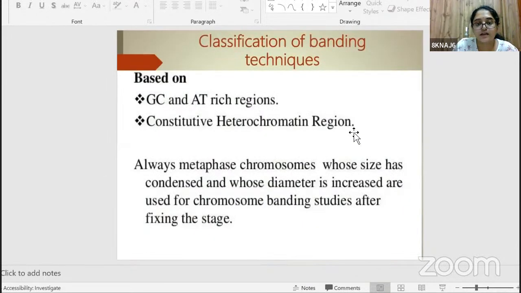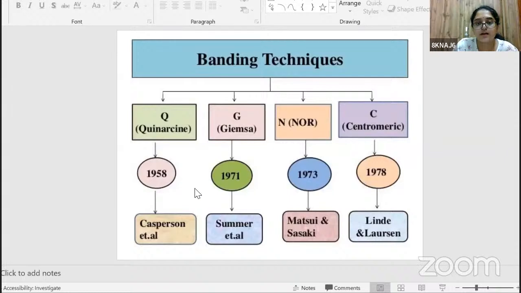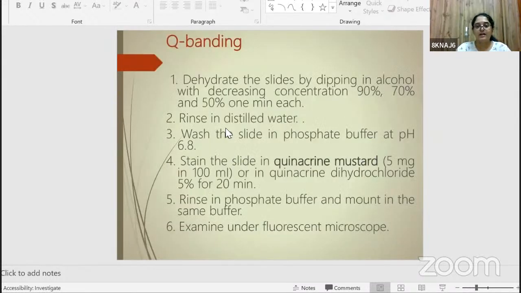Staining, they have given different kinds of staining techniques over here, that is banding techniques. Q is quinacrine, then G is Giemsa, NOR staining is where the NOR regions on the chromosomes are stained, and C is the centromeric staining. So in Q banding, that is quinacrine banding, Caspersson was the person who had demonstrated this with quinacrine mustard.